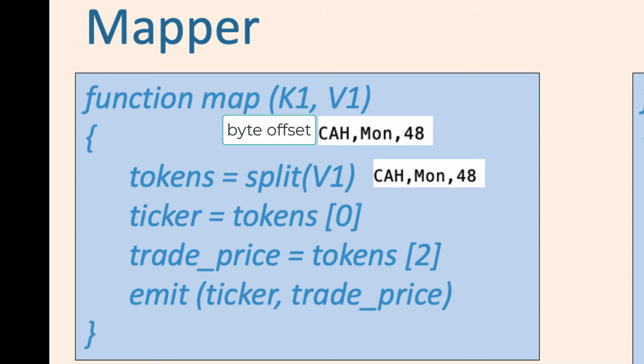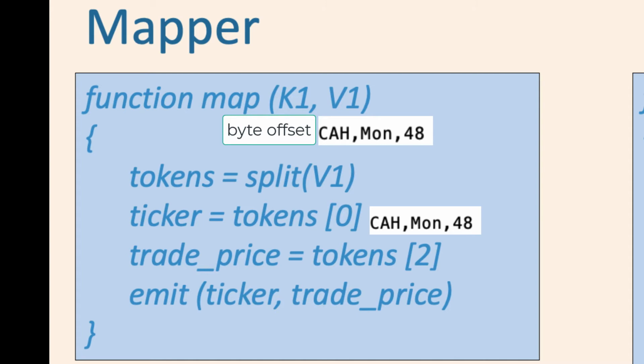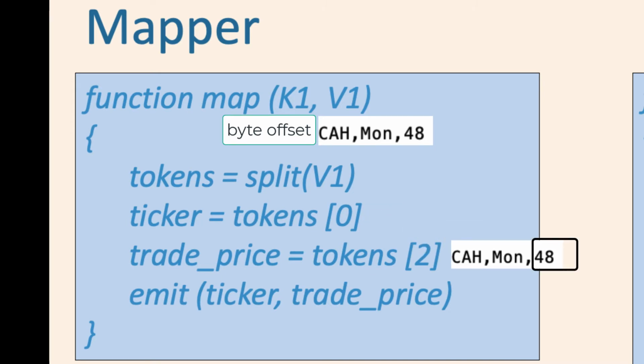Once these tokens are created, we assign some variables to them. For example, we're going to capture the ticker of the stock and the trade price. Assuming the ticker is the first field in the input line, and the trade price is the third token, we can assign ticker equal to token 0, trade price equal to token 2.